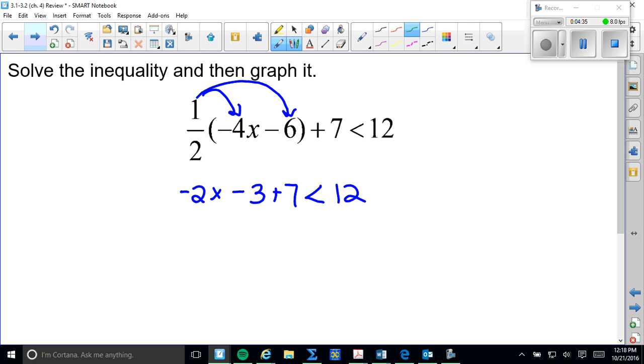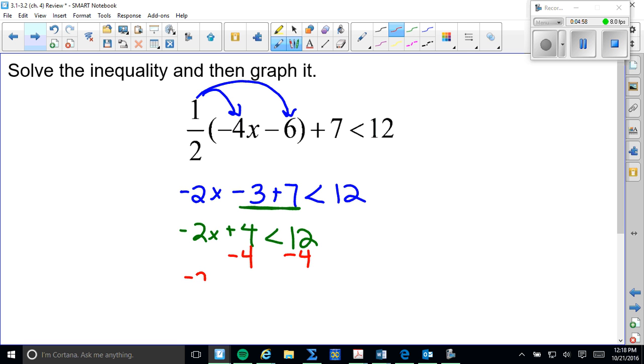Our next step is to combine our like terms. Notice we don't have to add 3 to both sides. It's already on the same side. We're just going to combine the two of them. So negative 2x, negative 3 plus 7 is a positive 4. And that is less than 12. Now we're going to move the 4 to the other side.